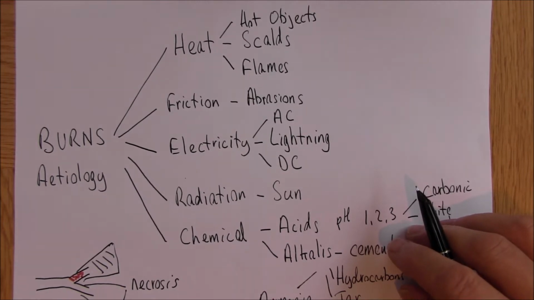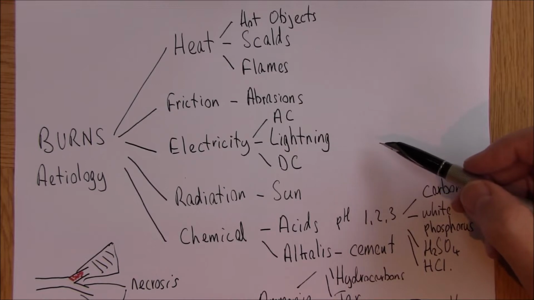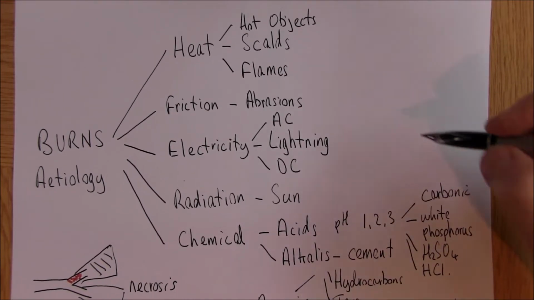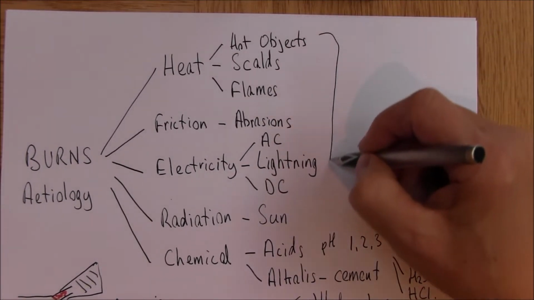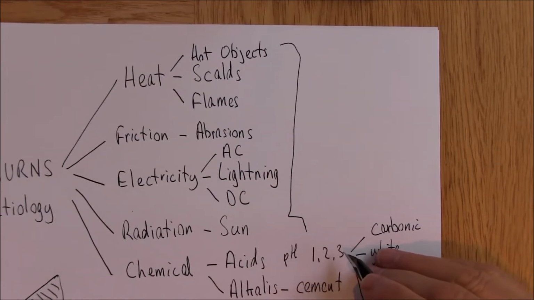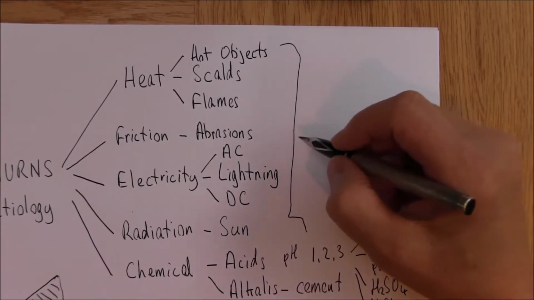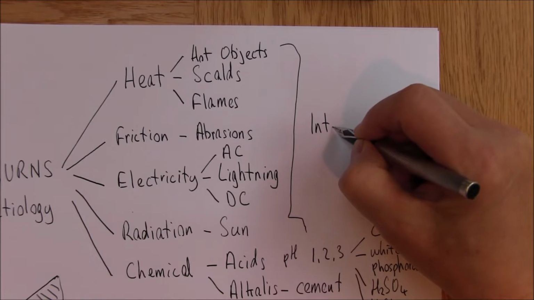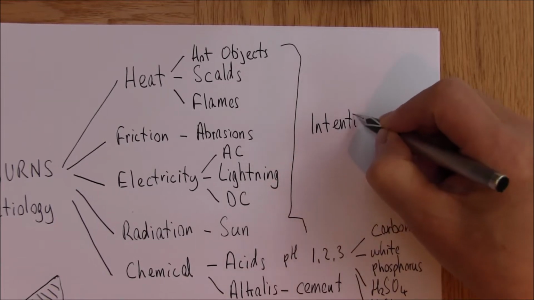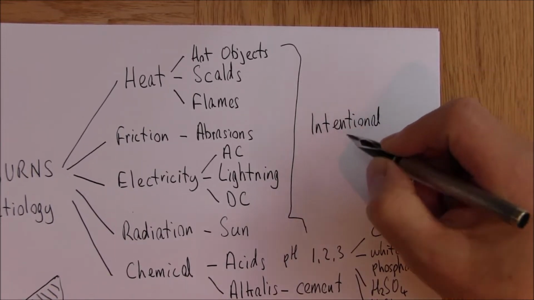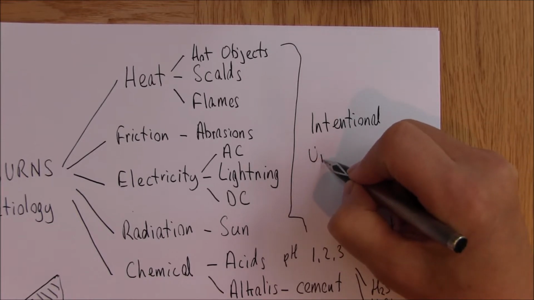Also, all of these really can be intentional or unintentional. So we could include all of these here, really, all of them, and decide whether they are intentional or unintentional.